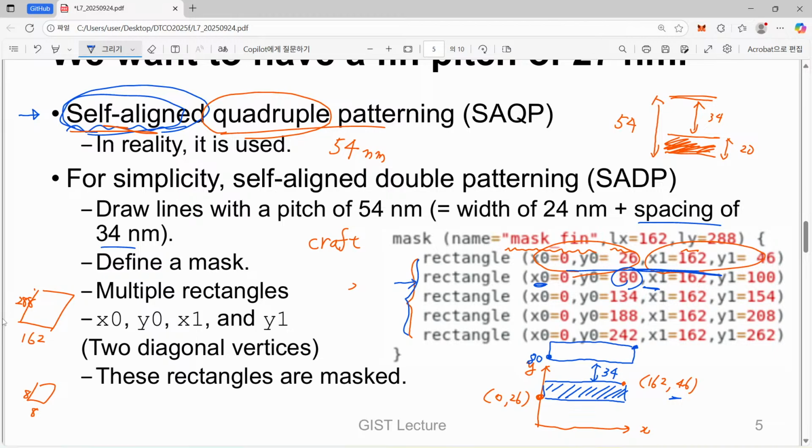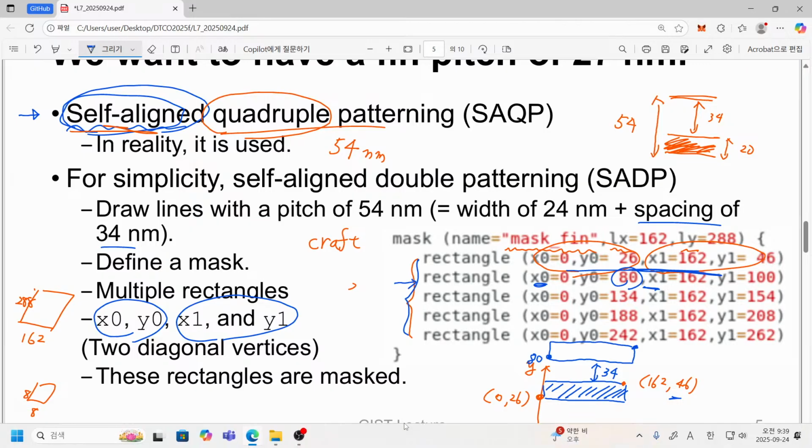Okay, now we define 5 different rectangles and specify one point and another point, and they work as 2 diagonal vertices, and these rectangles are masked, meaning that they are protected from etching or deposition.